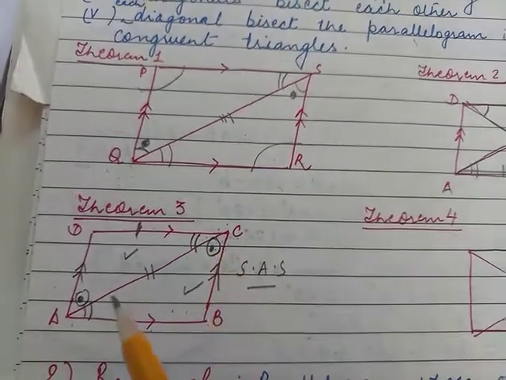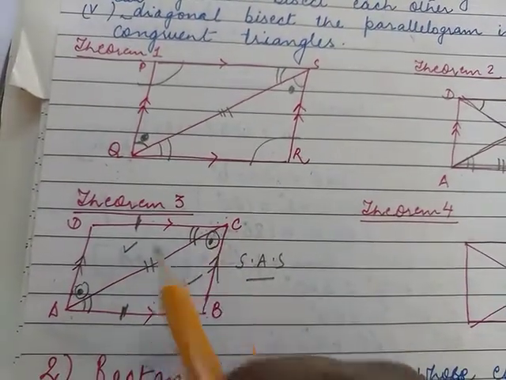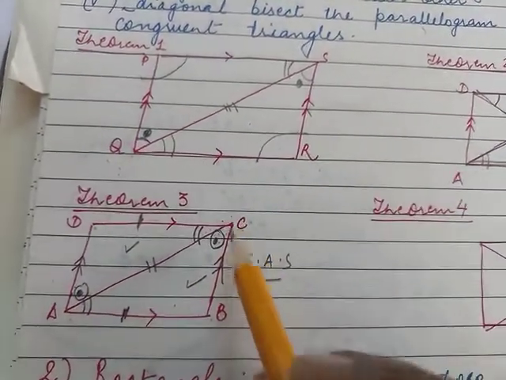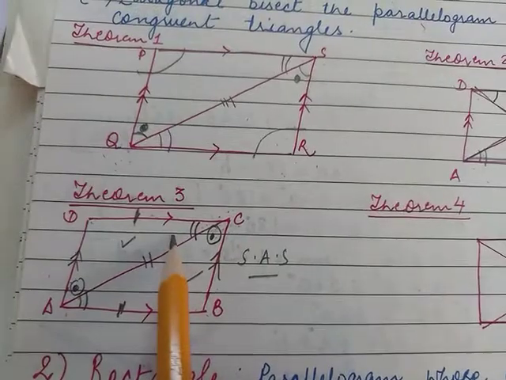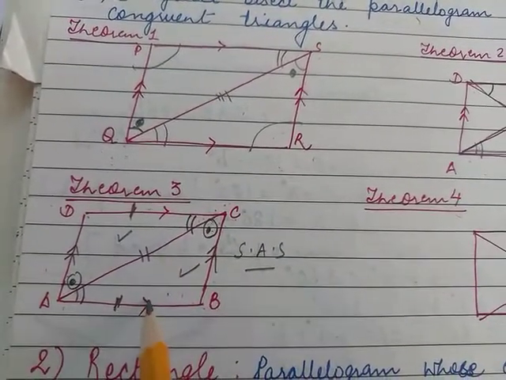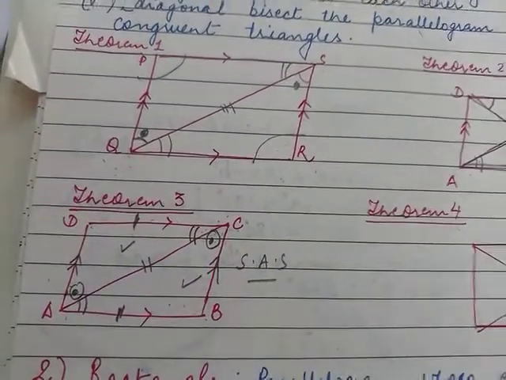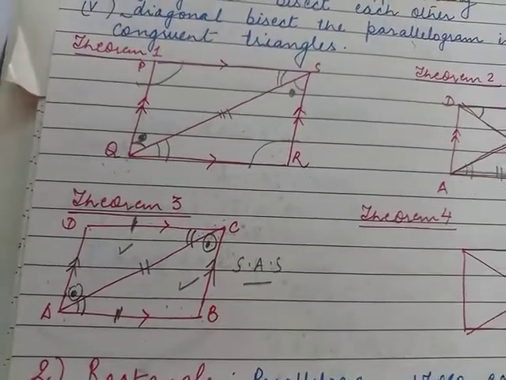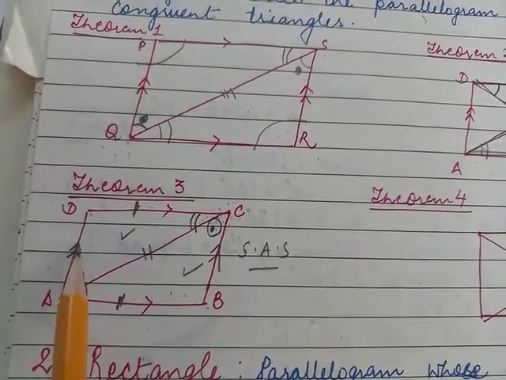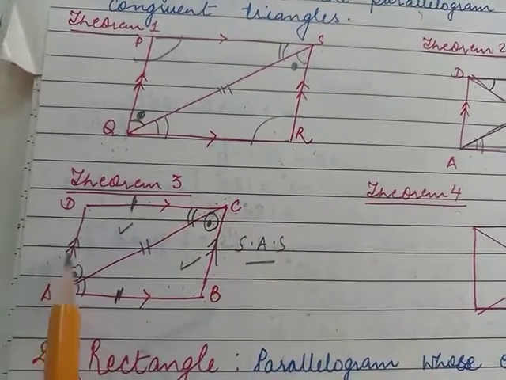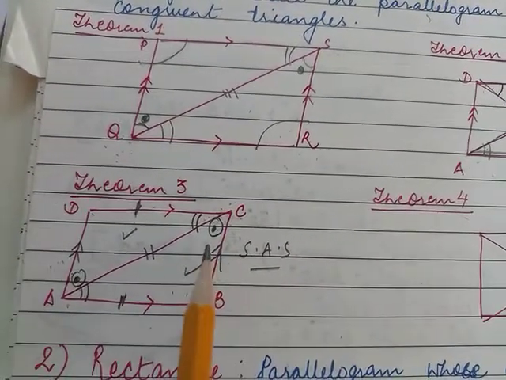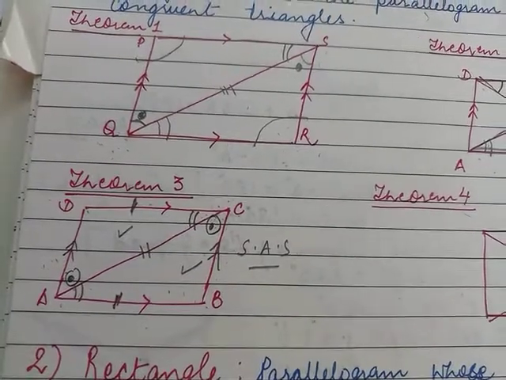Okay, children? The moment the alternate interior angles become equal, AD becomes parallel to BC. So it's very sure that if we have only one pair of opposite sides parallel and equal, then the given quadrilateral is a parallelogram, because we prove the opposite pair is also equal and parallel.